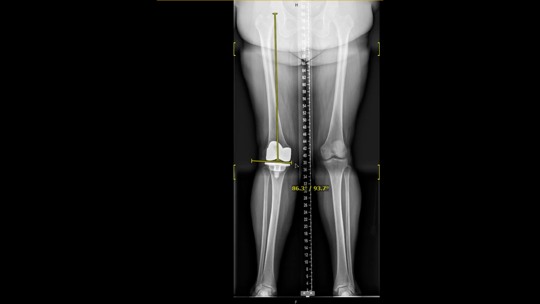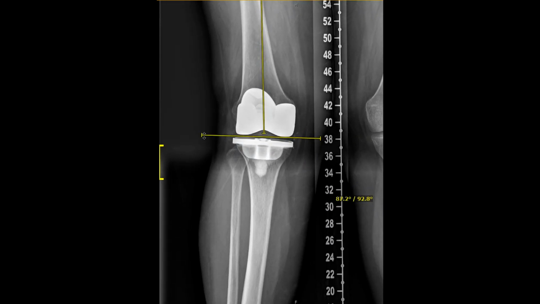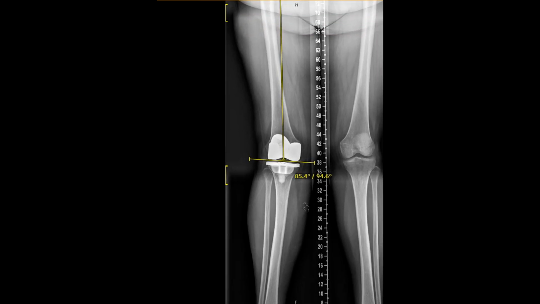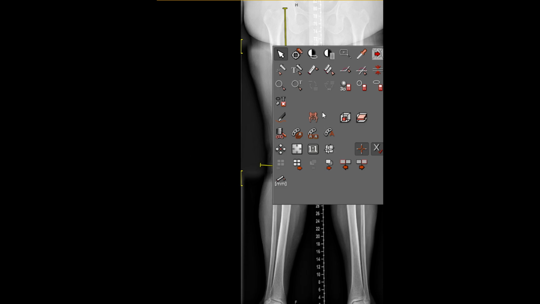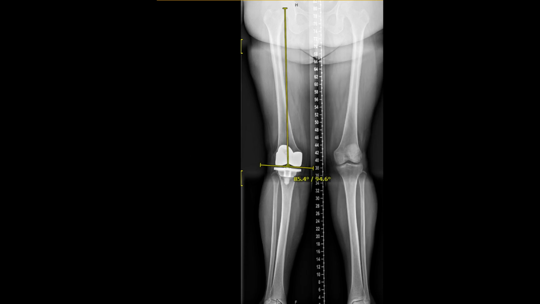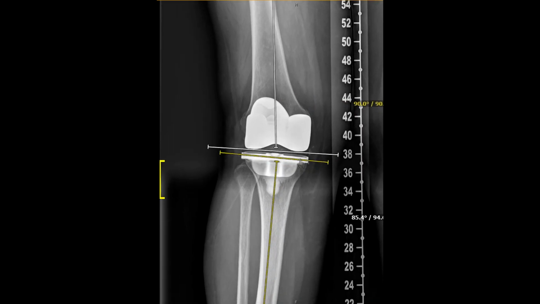And if I measure the position of the femoral component, it is in about 4.5 degrees of valgus, and the tibial component is neutral at about 90 degrees.